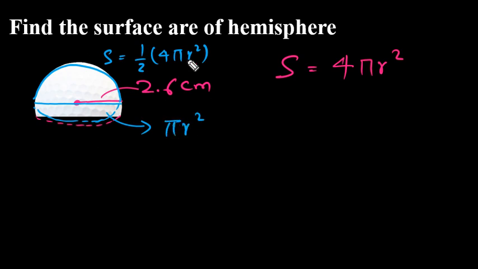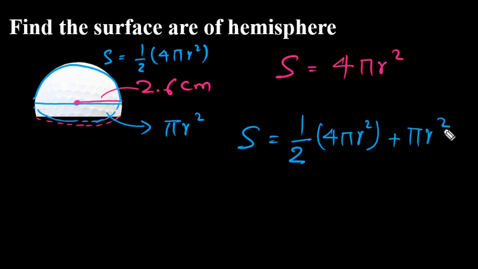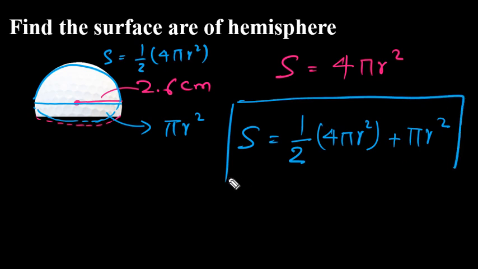So the surface area of this hemisphere will be S equals half of 4 pi r square plus pi r square. If you have any confusion, just remember the formula: the surface area of a hemisphere is half of 4 pi r square plus pi r square.